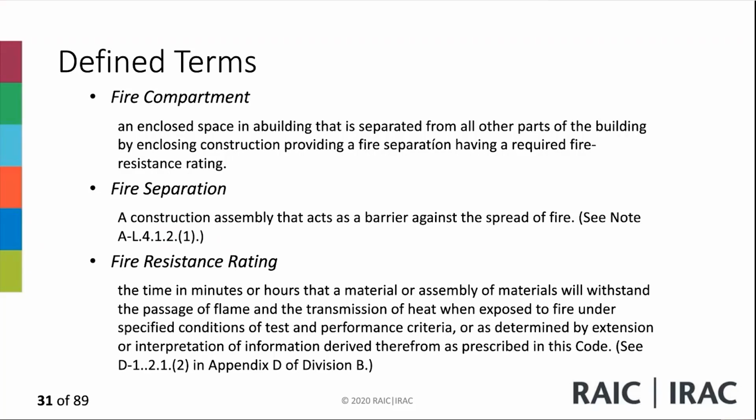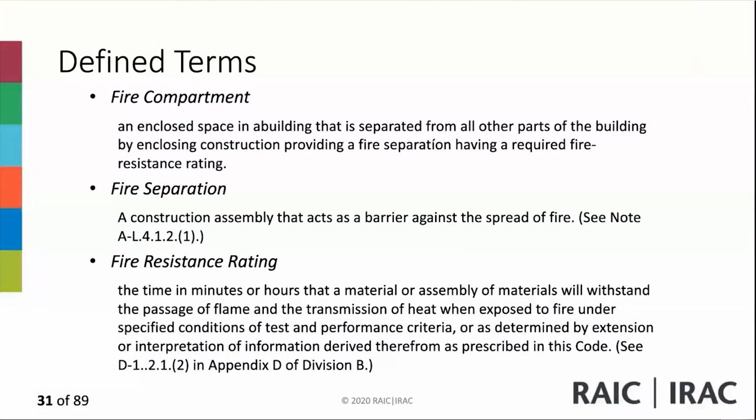Remember, when we went to Appendix D, we saw this morning something about the type of materials that would be considered non-combustible materials. So Appendix D has a wealth of technical information that we can use for meeting some of the performance requirements for materials.